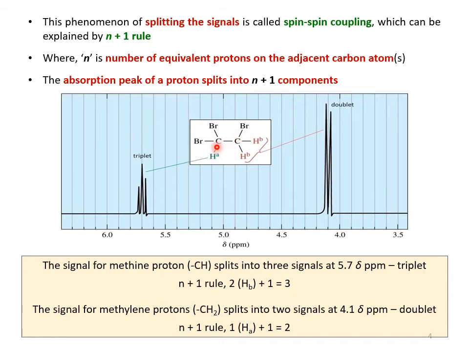Because of this, the methine proton is greatly de-shielded when compared to the methylene protons, as a result of which this methine proton shows an absorption peak at higher delta values compared to the methylene protons, and also you can see the height of the signals here.